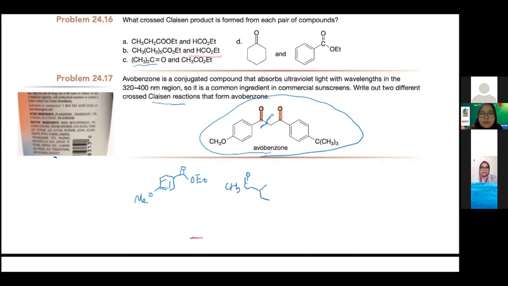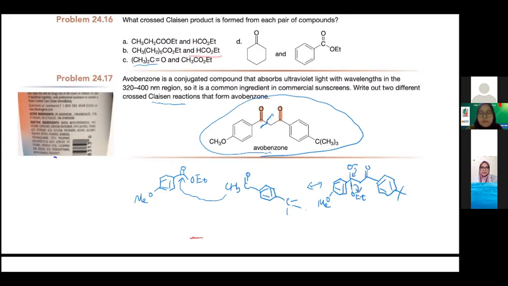The benzene here, and here, and this is a deprotonation again.